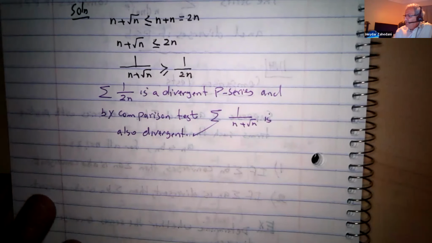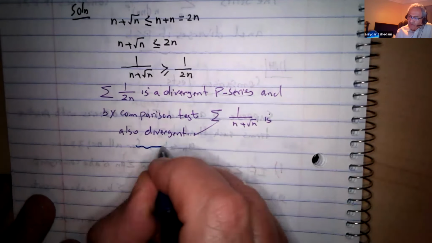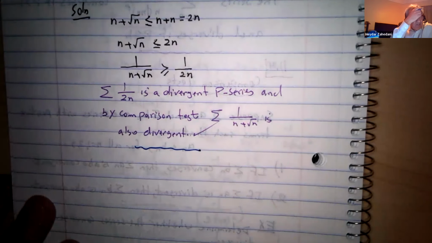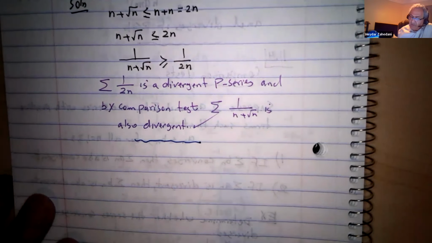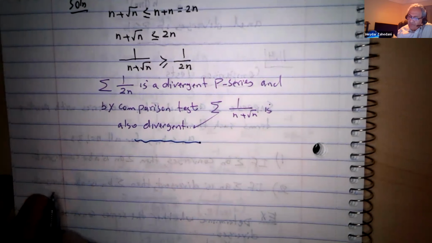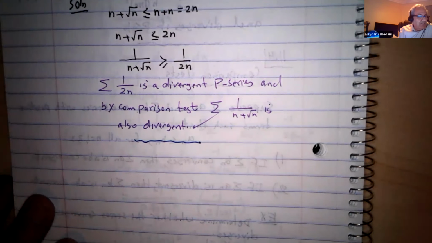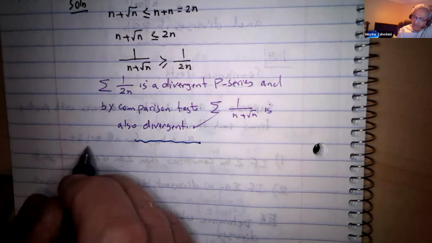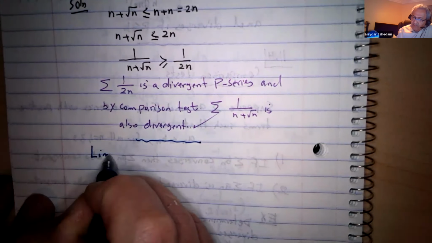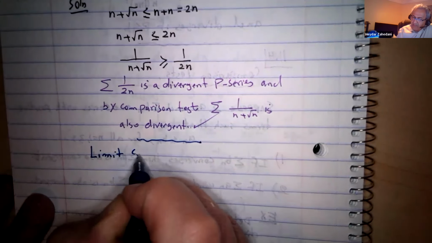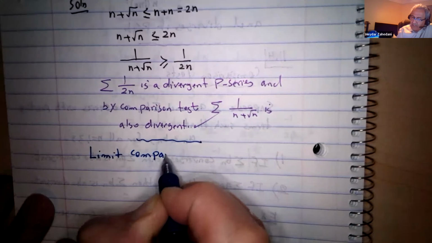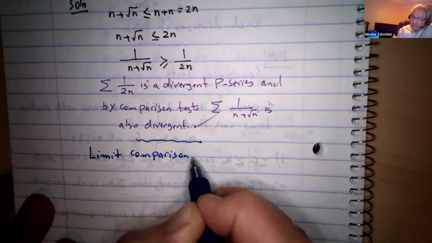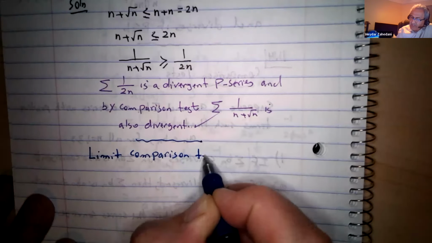So this modification would make it so interesting for us. Okay, what is the modification? We are going to call it the limit comparison test. Such an easy test.